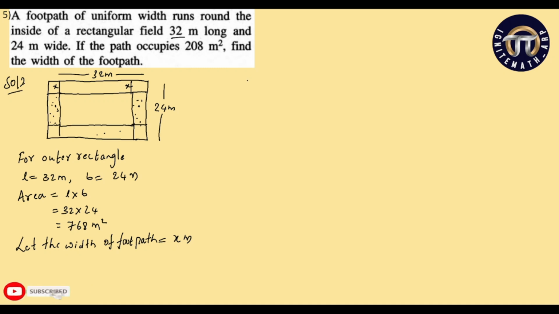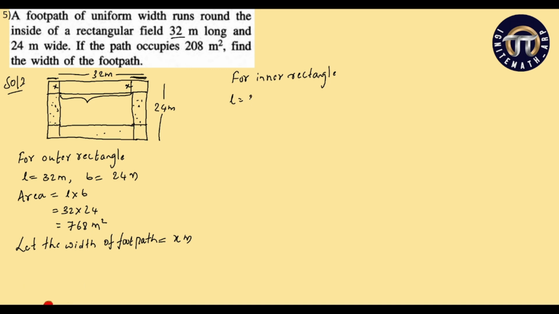So now children, pay attention. For inner rectangle, whenever you are talking about the inner rectangle, what is going to be the length? See, inner rectangle's length is this one. Clear? So it is 1x less over here and another x less over here. So totally 2x lesser than the length of outer rectangle.